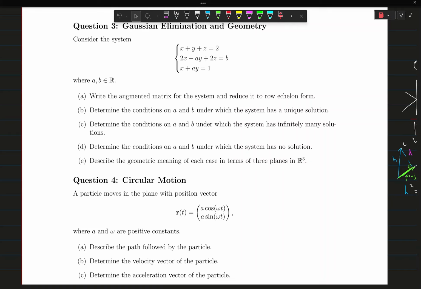So, we're given a system of 3 equations, and first off, we need to write the augmented matrix for the system and reduce it to row echelon form, which is basically to put it into Gaussian elimination and eliminate it into the 0, 0, 1, in a specific format.